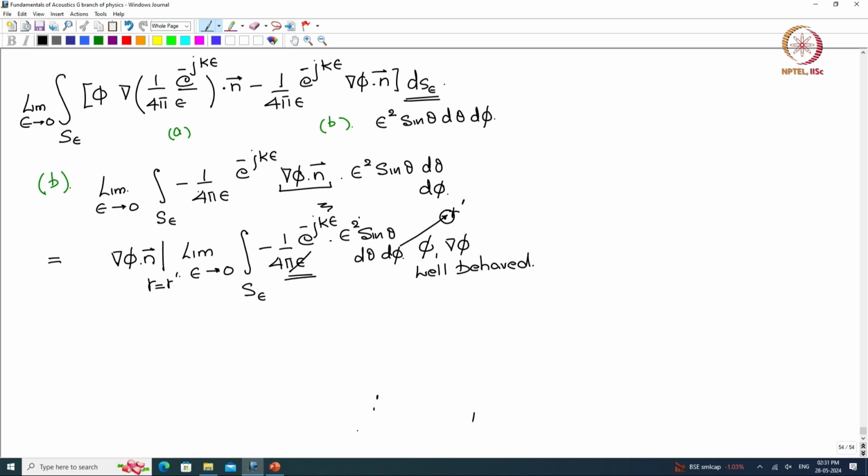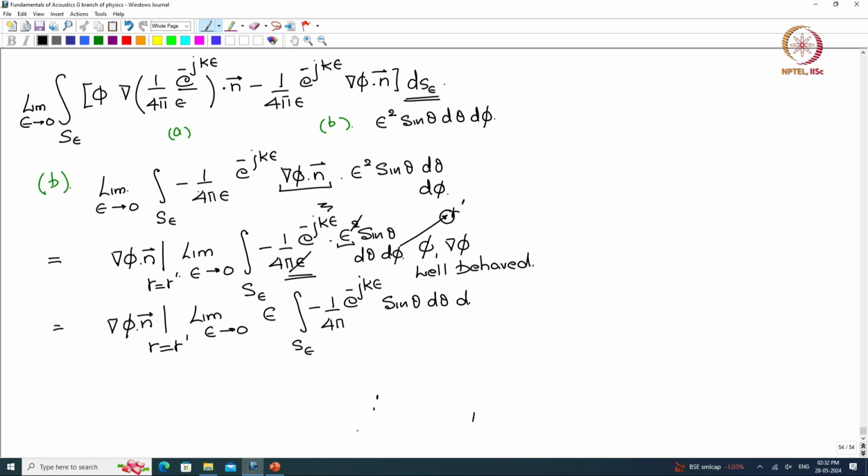There is a cancellation over here, one epsilon remains on top, and so what we have is this well behaved function evaluated at r equal to r dash, limit epsilon tending to 0, epsilon comes out, integral over S epsilon of minus 1 by 4 pi e to the power of minus j k epsilon sine theta d theta d phi.